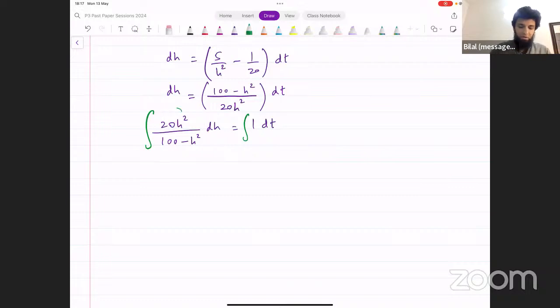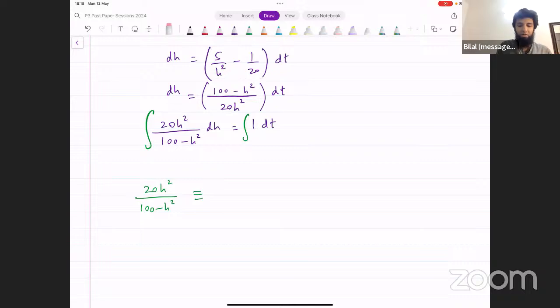They're equal. Doing partial fractions directly is going to be quicker and easier. So yes, you're both right. What you do is you do partial fractions here. You'll break it down into three parts, in fact, 20h squared over 100 minus h squared. Since it's an improper fraction, its form is going to be like this.